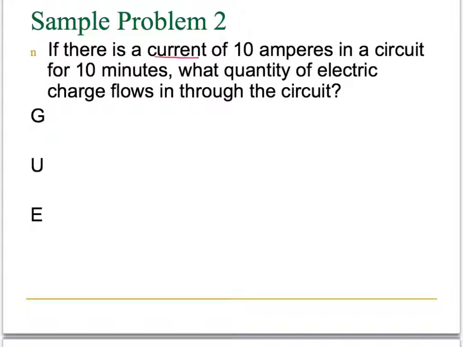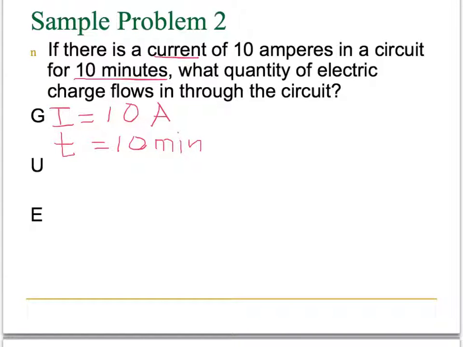So current again is represented by I, and we have 10 amps. We already have the proper SI unit, so we don't have to change anything. And then we're also given 10 minutes, and we know that minutes is a unit of time, so we have 10 minutes.